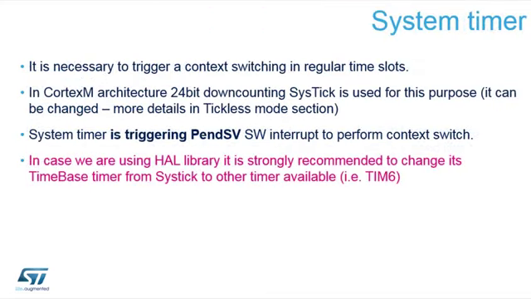Speaking about the system timer, it's always allocated by the FreeRTOS. When you operate with the STM32 and with the hardware abstraction layer, the HAL needs a time base as well. When you don't use the FreeRTOS, SysTick is used as the time base. However, if you activate FreeRTOS, CubeMX will warn you that you need to use a different time base for the HAL.